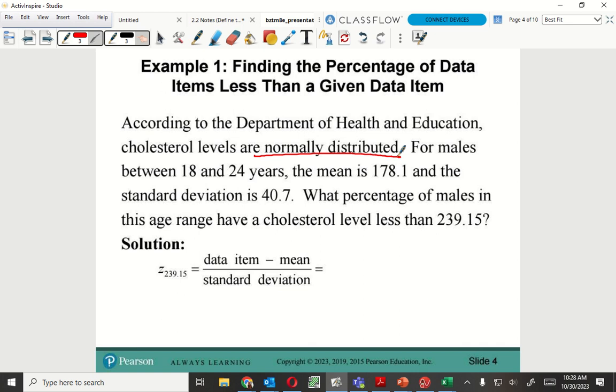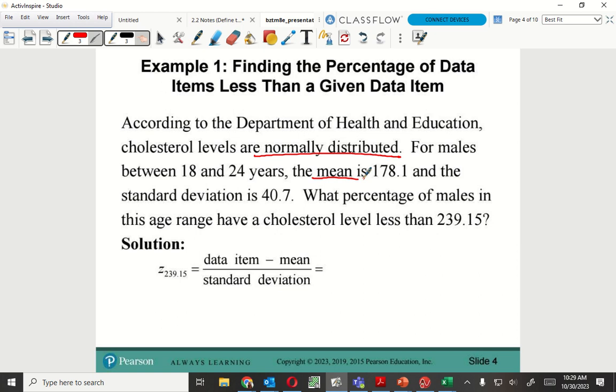For males between 18 and 24 years old, the mean, what do we say mean does? Mean is my average, very good. The average, so that's the mean, is 178.1, and the standard deviation is 40.7. So now, from the mean, one standard deviation above, what would I do to get one standard deviation above?